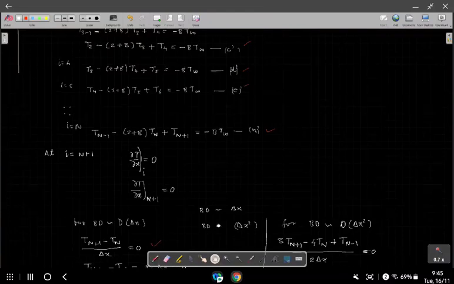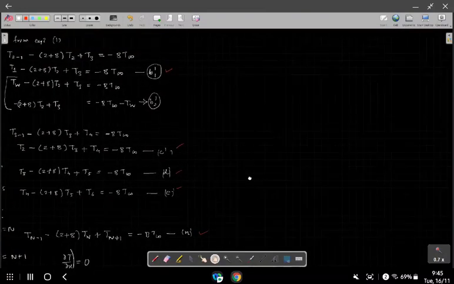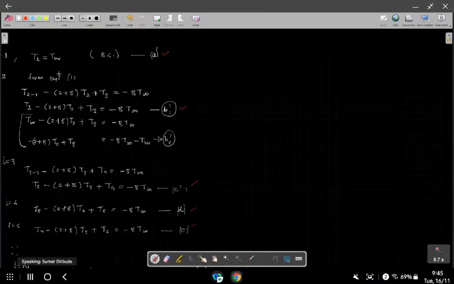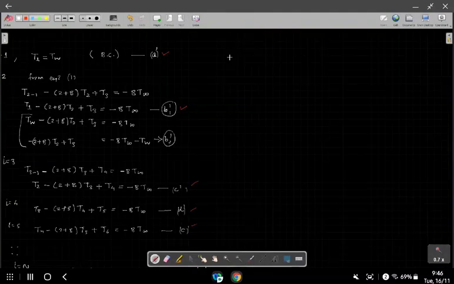So I can write these equations combinedly as a matrix. T1 is a known value TW, so I can write that known value, say, as alpha.